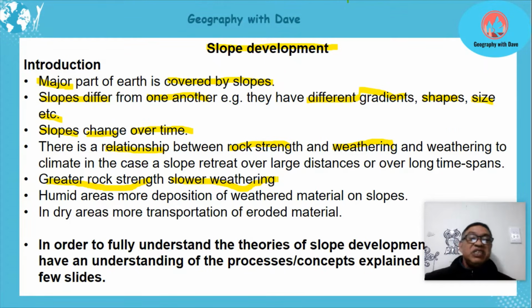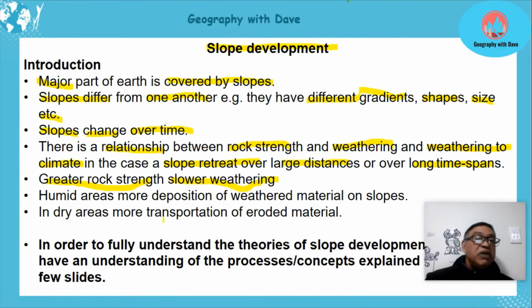There's also a relationship between weathering and climate, and how slopes retreat over large distances and time spans. As we said, rock strength, slower weathering. It'll take longer to weather. The slopes may not move backwards very quickly because of the resistant rock.